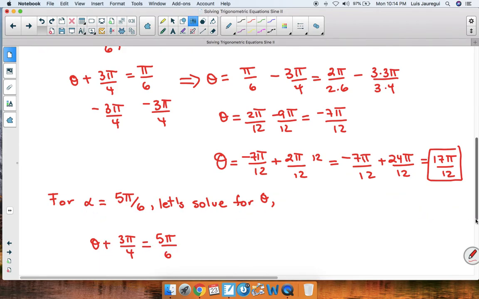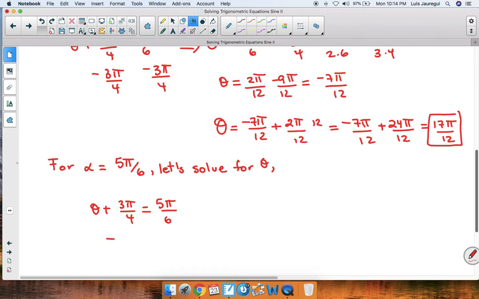Now, in order to solve for theta, let's go ahead and subtract 3 pi over 4 from both sides. Thus, we get that theta is equal to 5 pi over 6 minus 3 pi over 4.